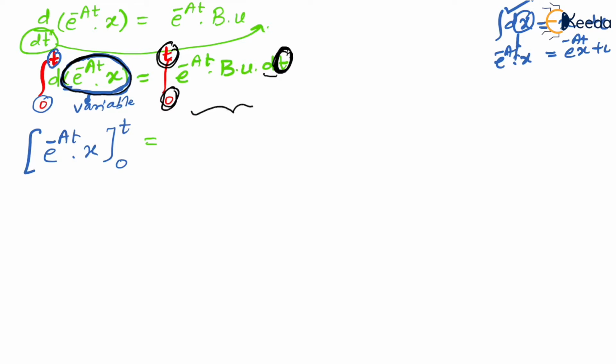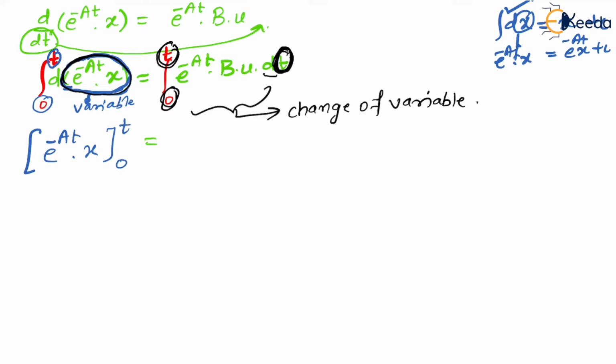In such a case, we do something called change of variable, because when you are saying that it is from 0 to t and this is dt only, there will be some difficulties while solving. That is the reason we have to do a change of variable.